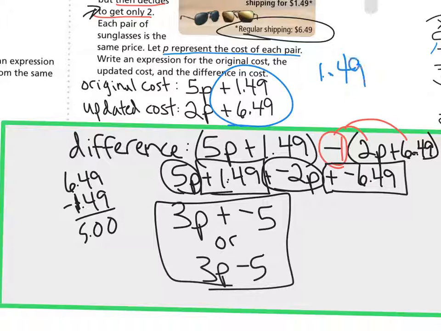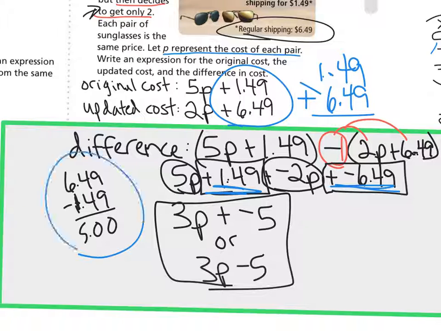So it's like $1.49 minus $6.49. Well, we can't really do it that way, so you can say add the opposite. Basically, it boils down to what we ended up doing here, where we had different signs so we had to subtract, but then we had more that were negative.